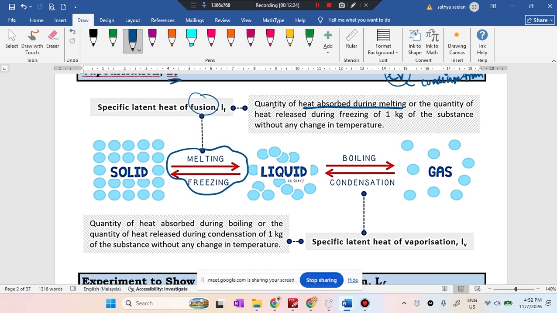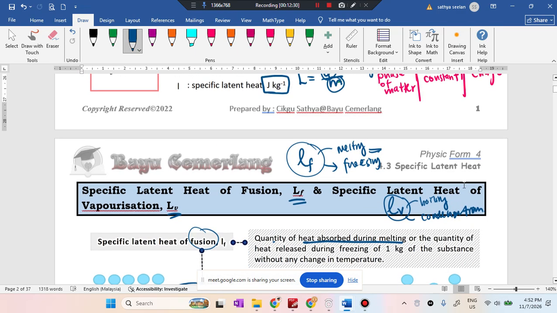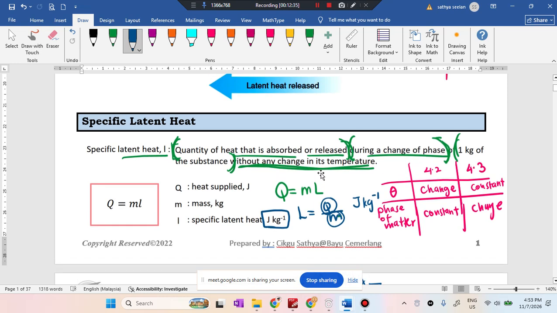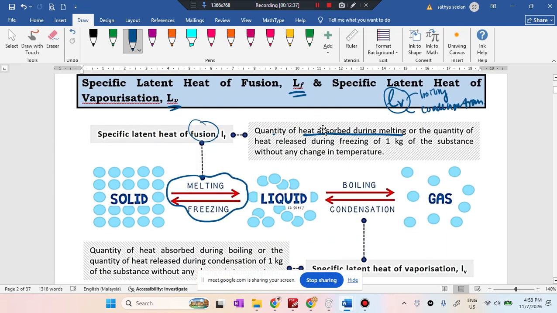Jadi kita kena tambah melting and also freezing. That's it. Faham tak? You kena tambah proses saja. Okay? Quantity of heat absorbed during melting or quantity of heat released during freezing, of 1 kg substance without any change in temperature.